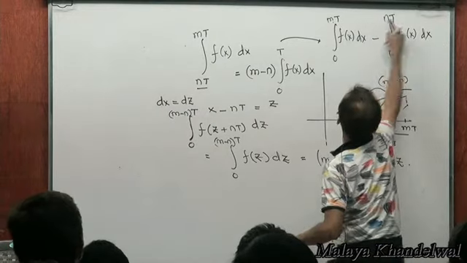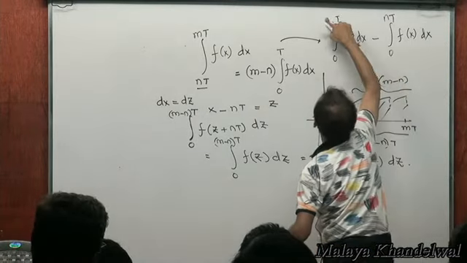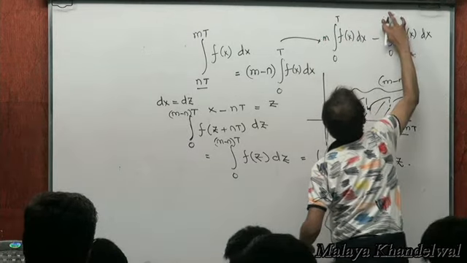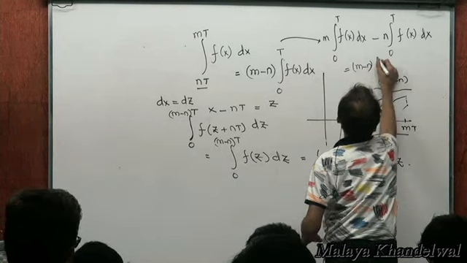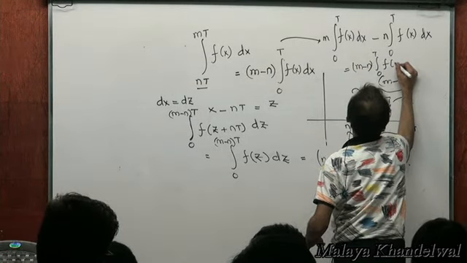This m can come out, this n can come out from the previous property, which gives (m minus n) times the integral from 0 to t of f(x) dx. Good.